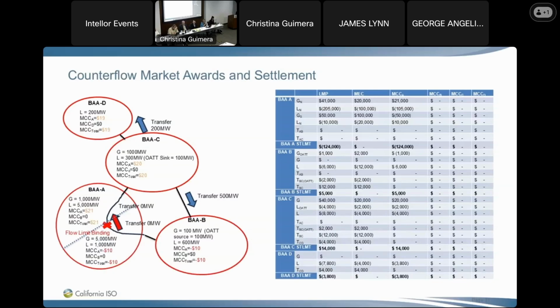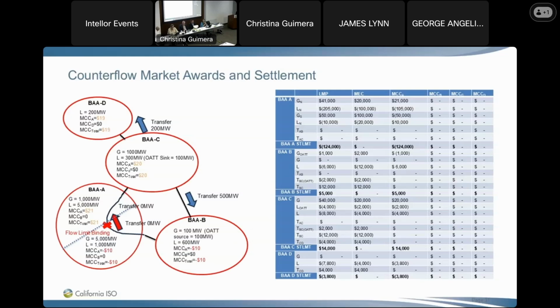The difference is that the BAC has generation that's cheaper than BAB and BAD, and it's being dispatched to serve load. I'm still maintaining that BAB has a transmission customer that is self-scheduling its OAT rights to get from the generator to the transfer point, and that is corresponding to either his own or another contract that is going from the transfer point to the load.